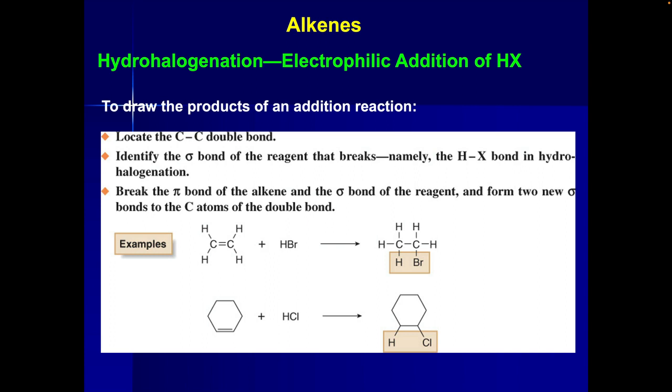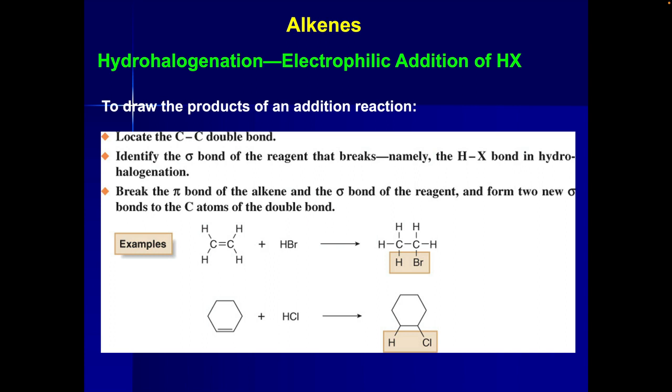How about this one up here at the top? How would we name that? What's the parent? No, that's the substituent, the parent. What's the parent chain? 2 carbons is what? Ethane. Yeah. So it's an ethane parent. What's the substituent?